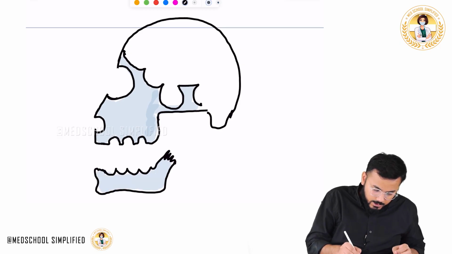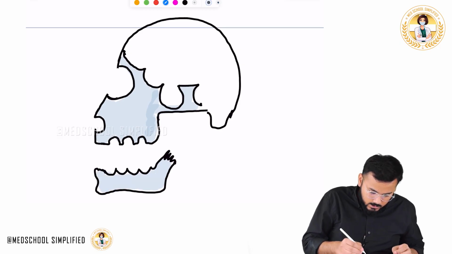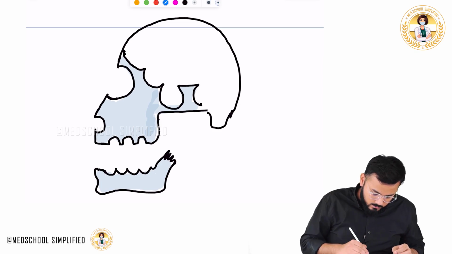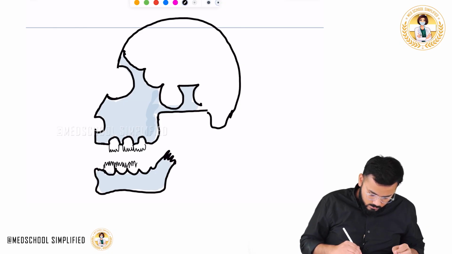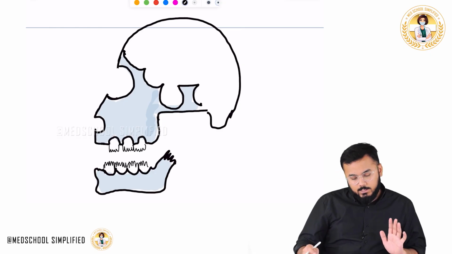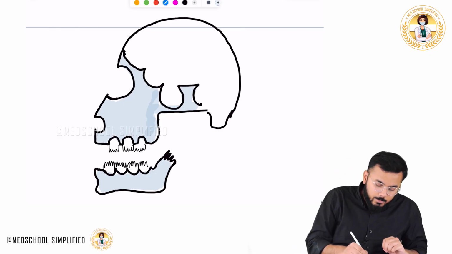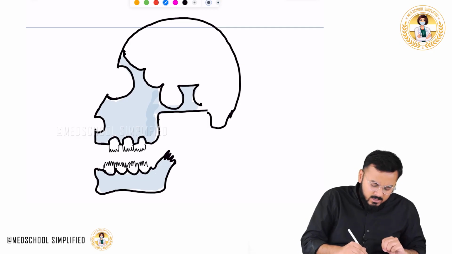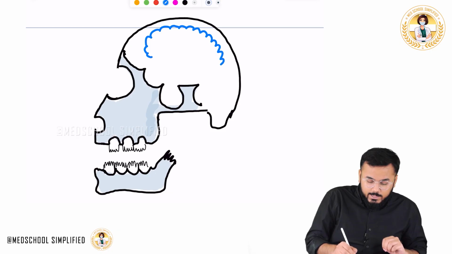And not to forget that you even have your teeth. Right, whatever it is. So in this particular picture, where is your brain located? You see, this is your brain that is located within the skull.